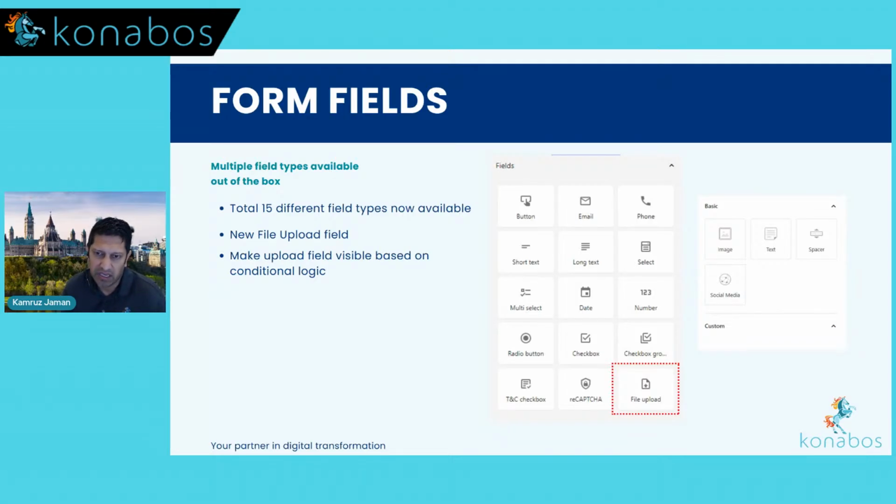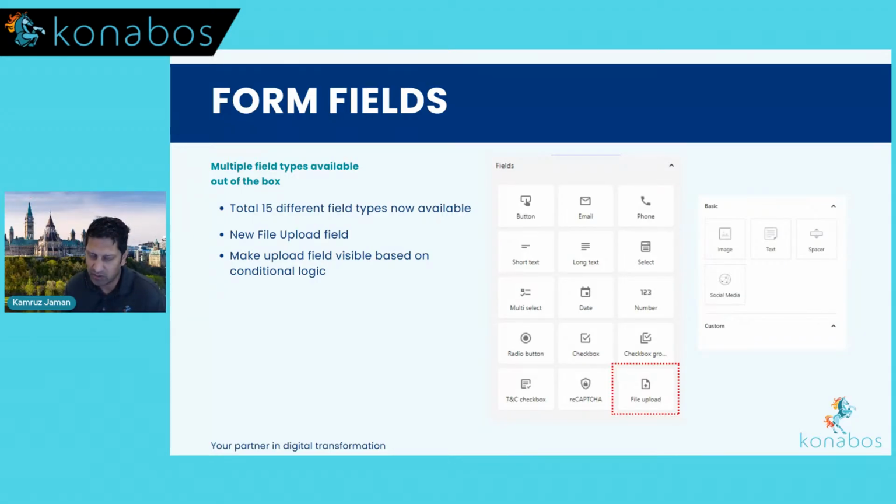Maybe you have a job application form, or maybe you have a support type of form where you just want to gather additional information from users. Now you can add that file upload field on there, and attach files to form responses, for example. It does allow you to restrict the types of file formats that it would accept.